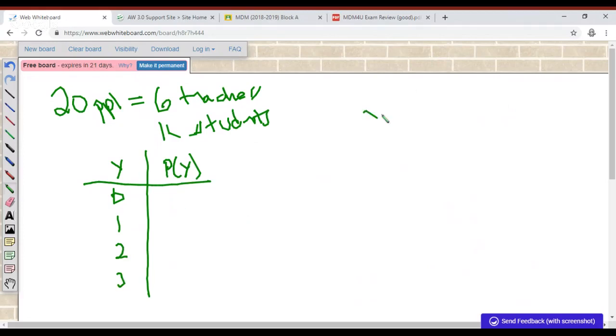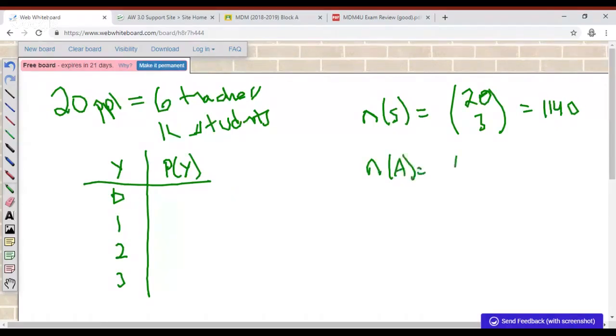So our sample space is that fundamentally what I'm doing is choosing out of 20 a group of 3. So that's my sample space. 20 choose 3, which is 1140. And then, for example, in the first one, my event is no teachers. So there's 6 teachers and I don't want any, which means out of the 14 students, I need 3.